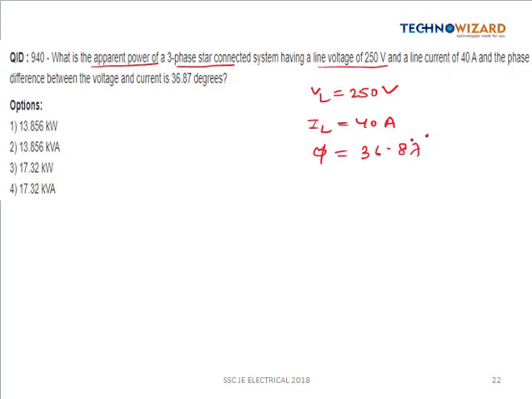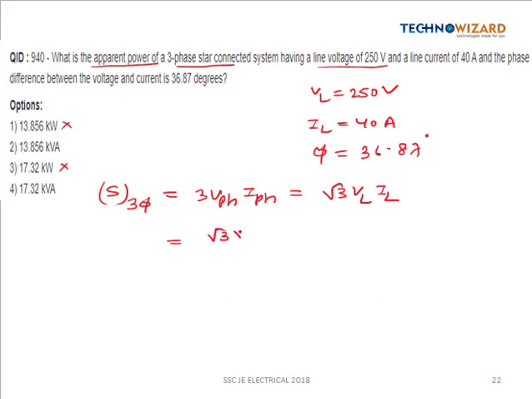So we know that apparent power in case of a three-phase system is given by 3 V phase I phase, which is also equal to root 3 VL IL. Also the SI unit of the apparent power will be kVA, so option A and option C can easily be eliminated. So let us substitute.